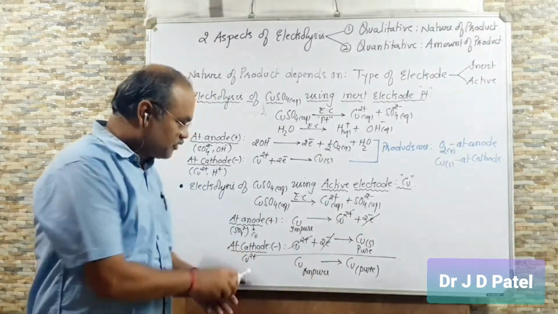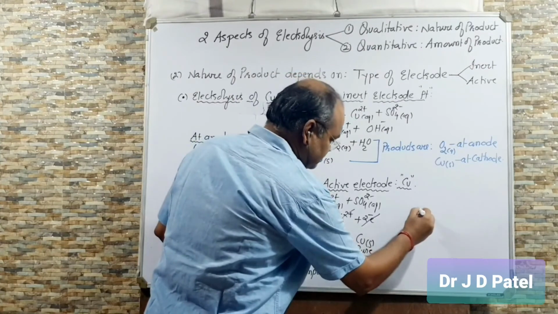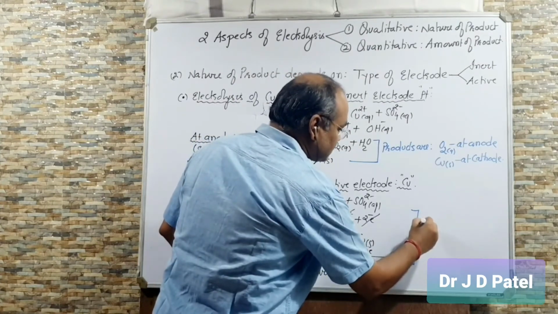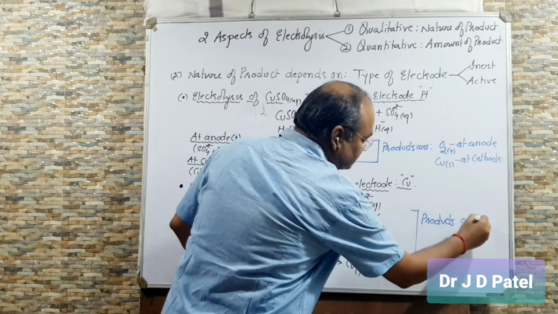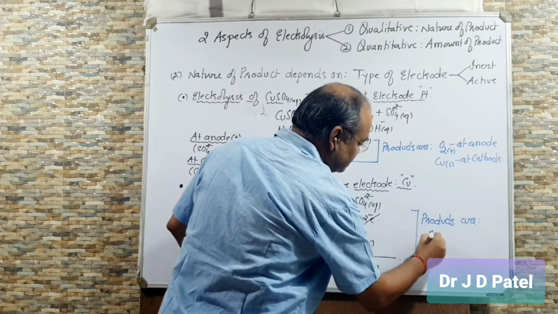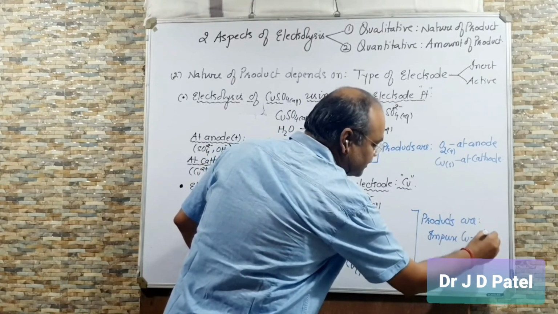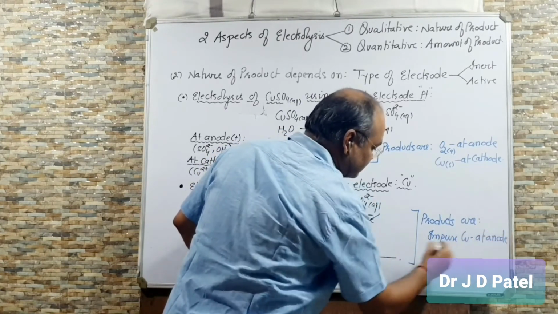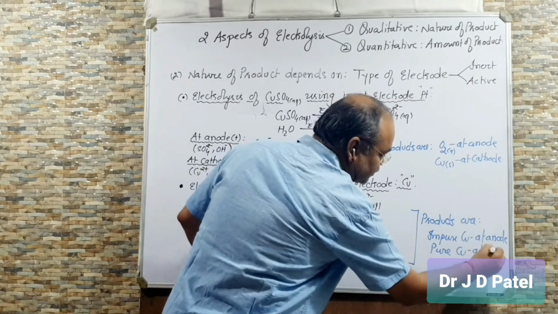So here the nature of product is, what are the products? Impure copper at anode, pure copper at cathode.